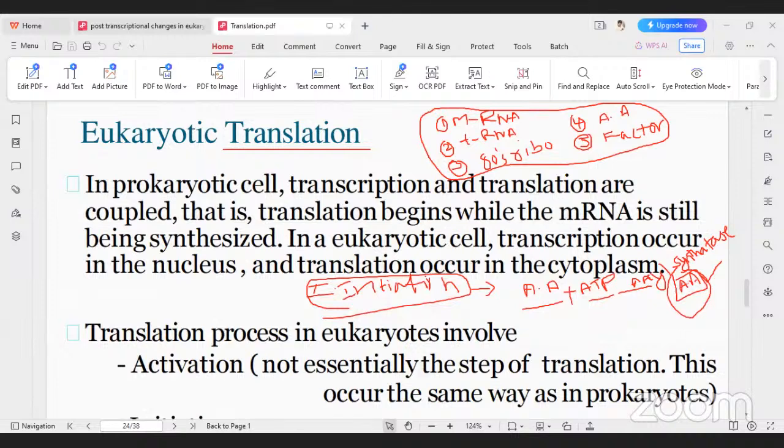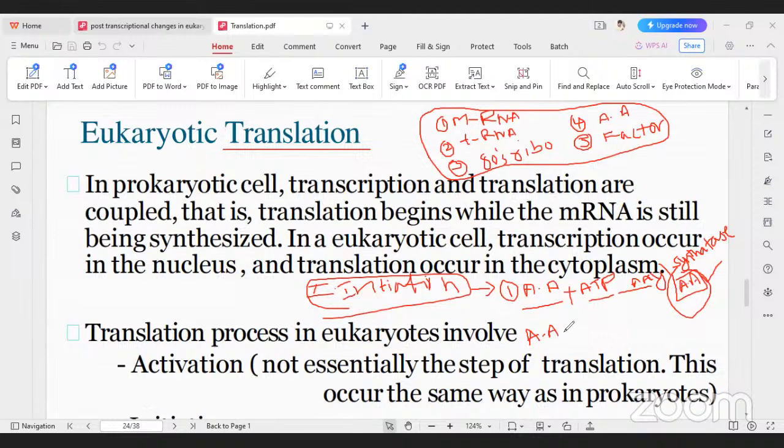Is it clear? In initiation, first step clear? Yes, sir. Right. Now this activated amino acid is attached to the CCA end of tRNA. As a result, the tRNA is activated.